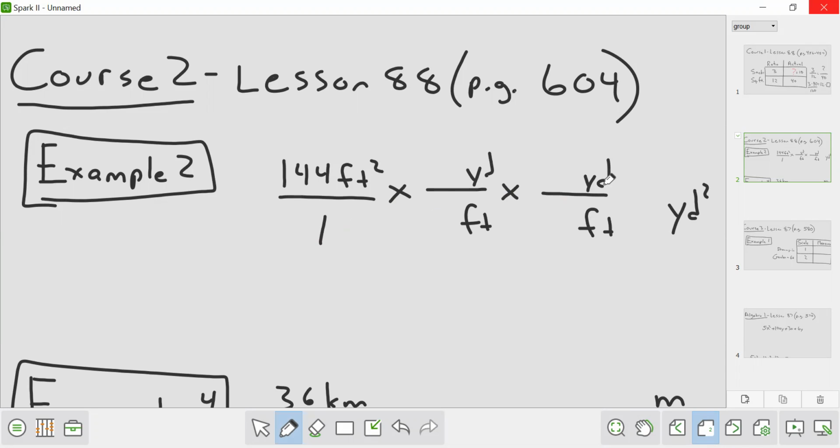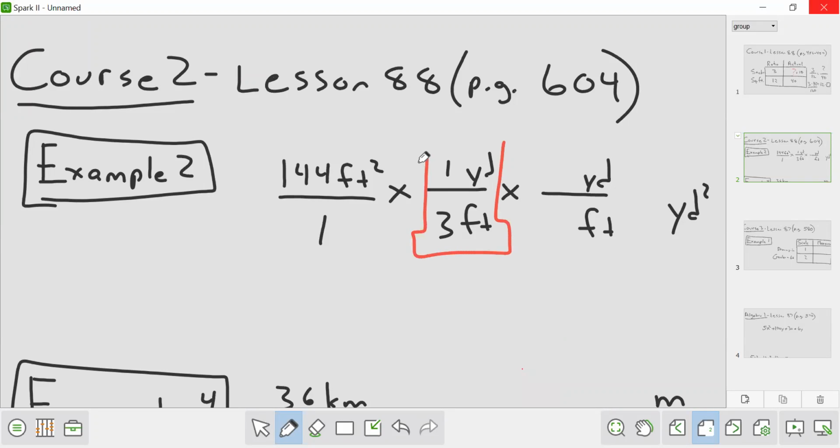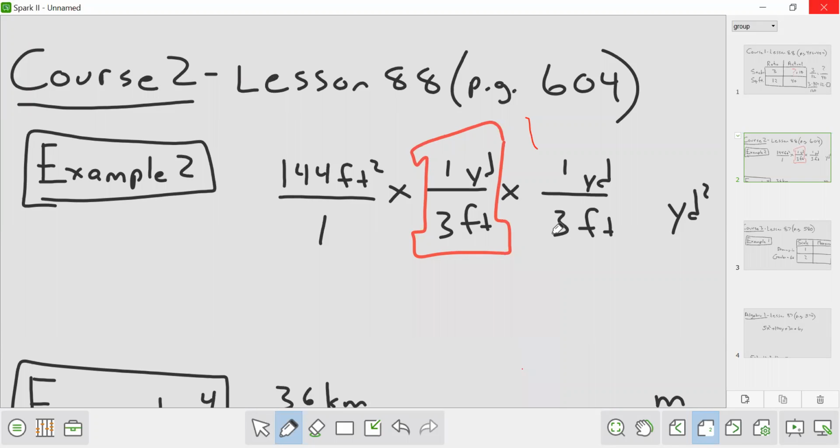And in order for us to make this a 1, I've got to put 3 feet equals 1 yard, because 1 yard and 3 feet are the same as each other. So now this is actually an odd way of writing the number 1. All right? And so you do the same thing for this one. 1 yard, 3 feet.